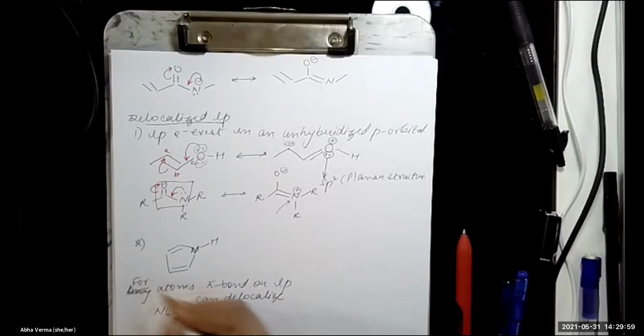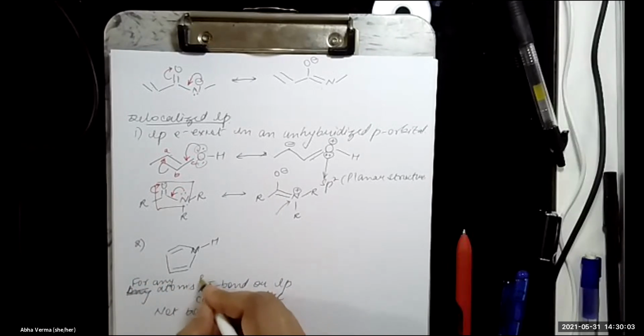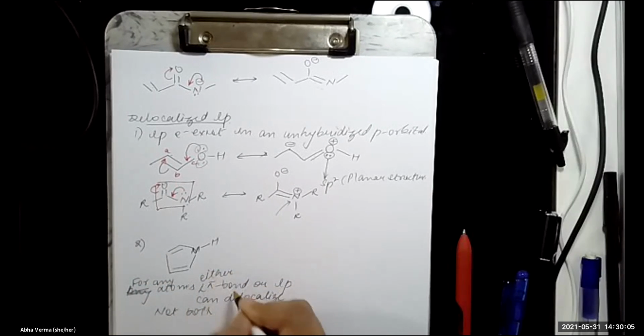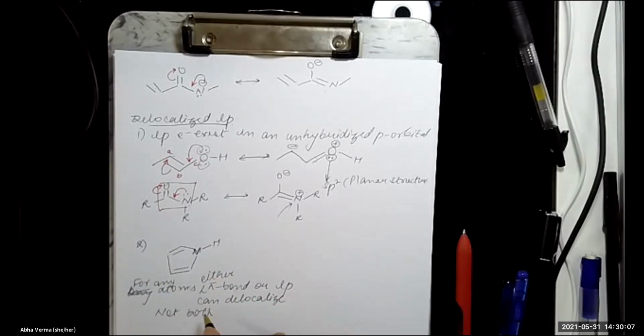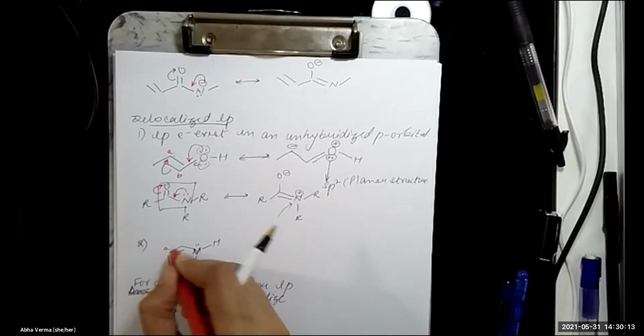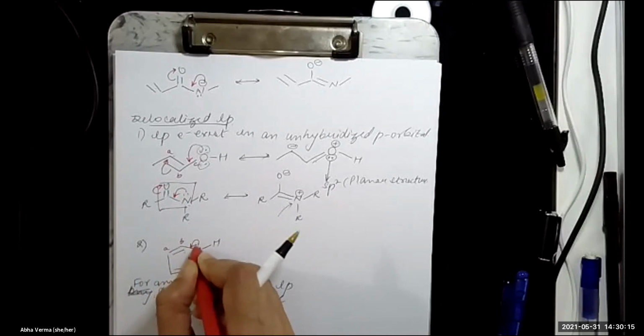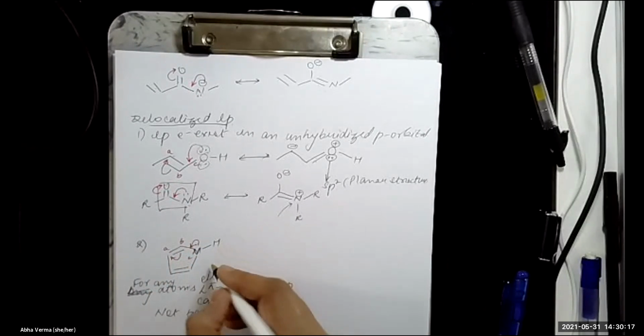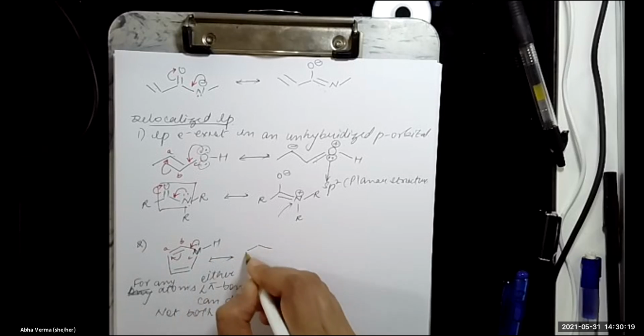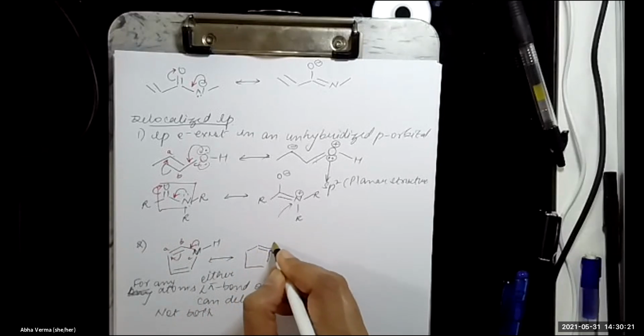So for any atom, either the pi bond will delocalize or the lone pair. So if you look at this particular example, I can go A, B, C. I can delocalize this particular structure.